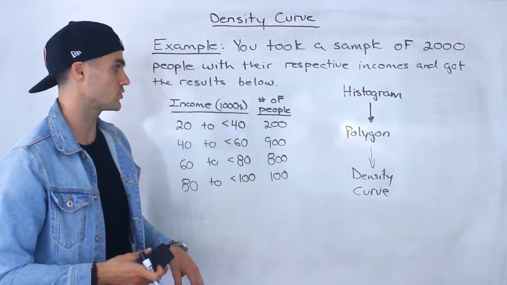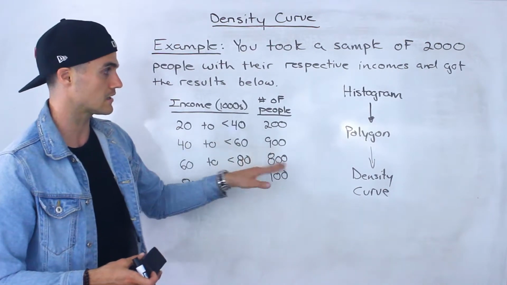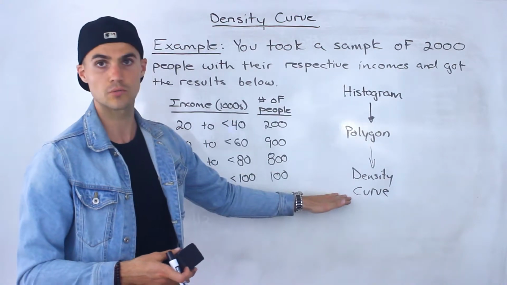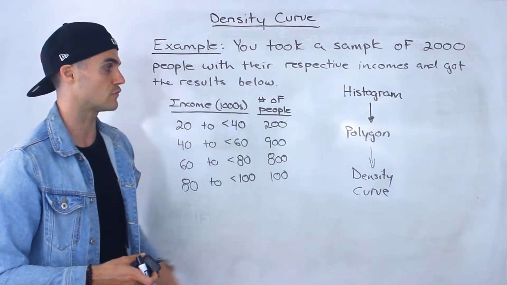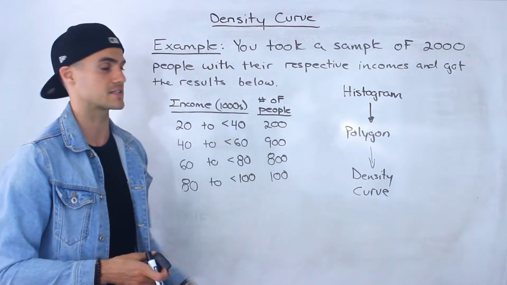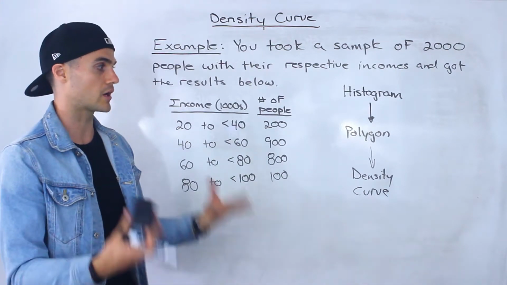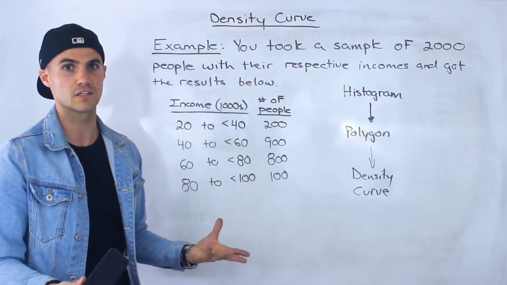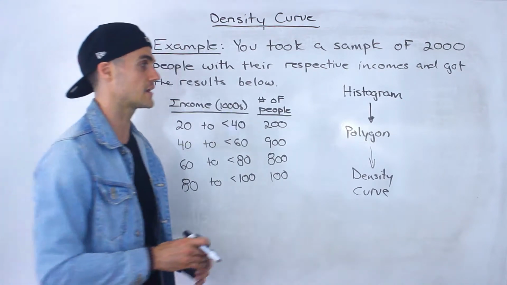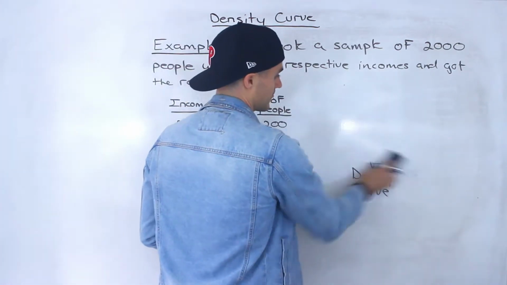But again, I'm going to show you how to make that from the data, and this is the general process we're going to follow in order to explain what that density curve is. So I'm going to show you how it comes about naturally instead of just giving it to you and you perhaps not understanding what it means.